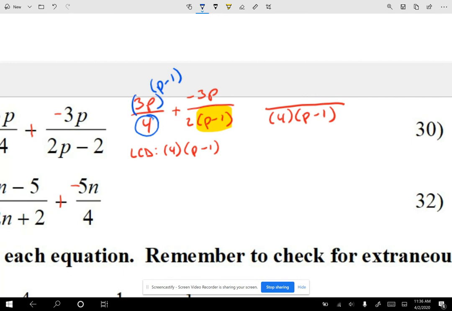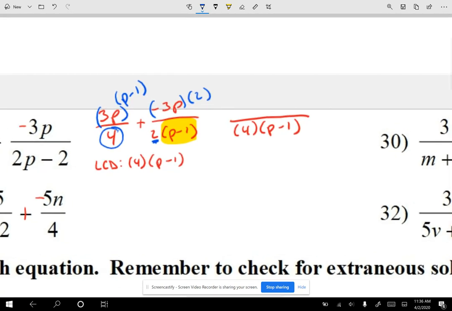I look at my second fraction. And I ask myself, how can I make the 2 look like a 4? Then I multiply by 2. I already have the p minus 1, so I don't have to worry about it. So from the first fraction, I get 3p squared minus 3p.